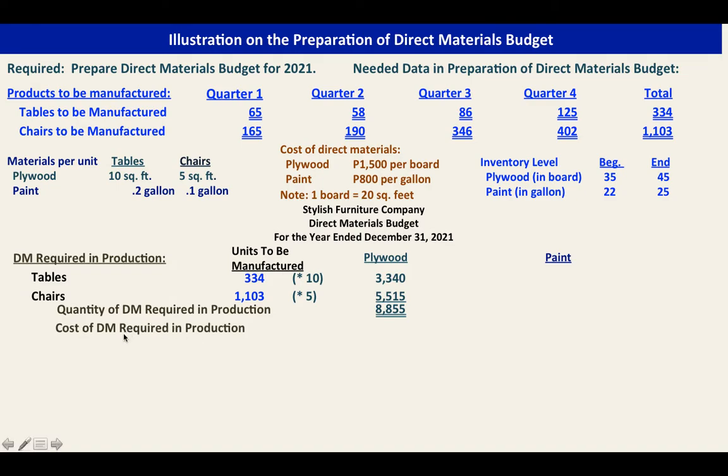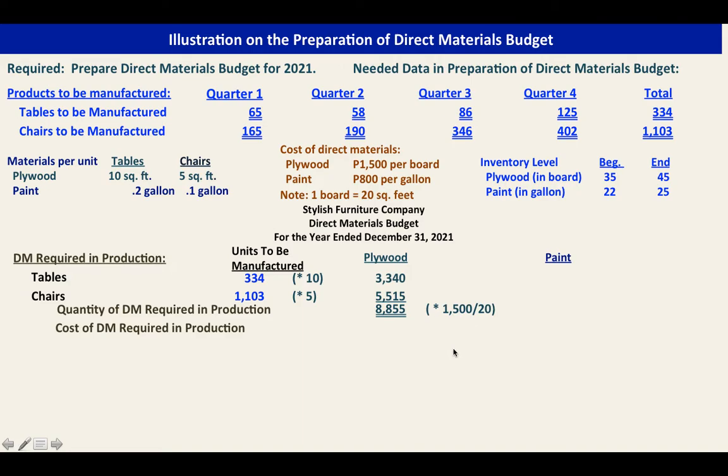And the cost of this in the production, the cost of 8,855 square feet, will be based on the cost of direct materials. This is per board, and per board is 20 square feet. So 1,500, we have to divide that by 20, okay, because this is in square feet.